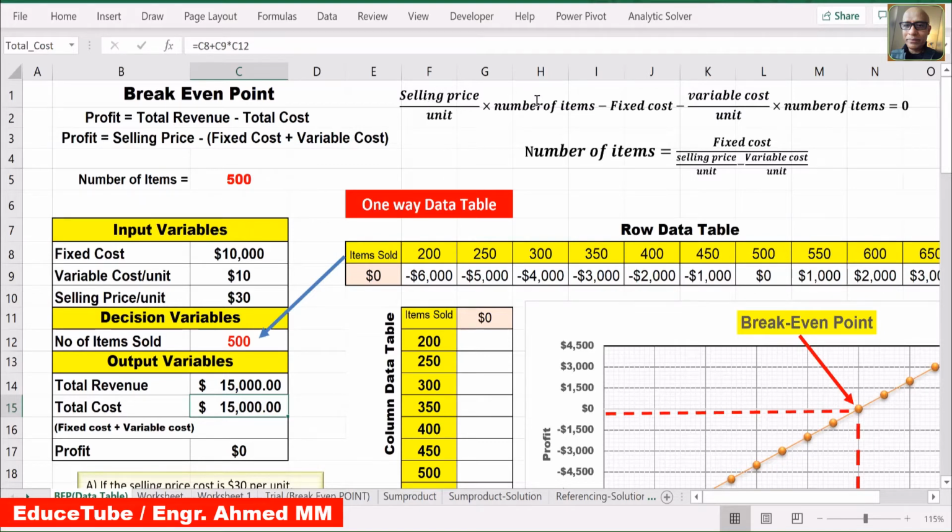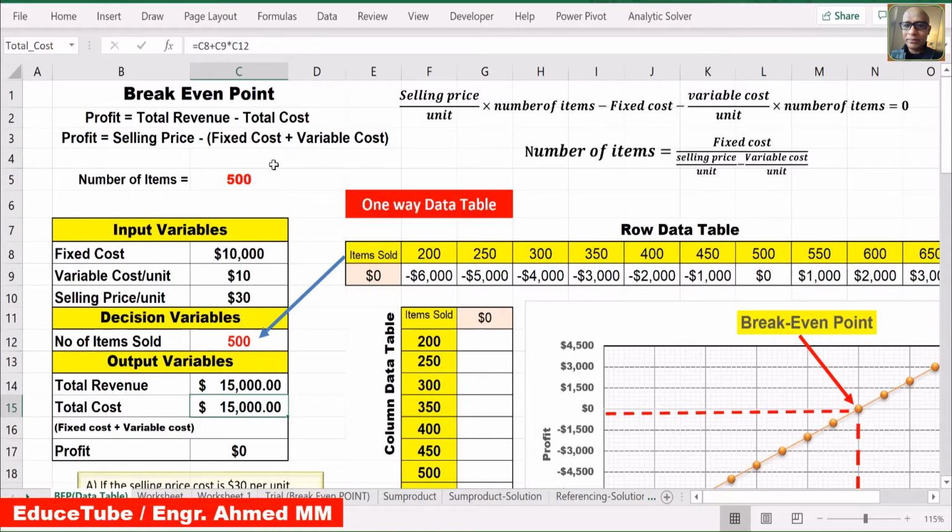Now if we bring selling price per unit minus variable cost per unit in the denominator and fixed cost in the numerator, then the number of items will be here. So this is our formula or equation to find the number of items.